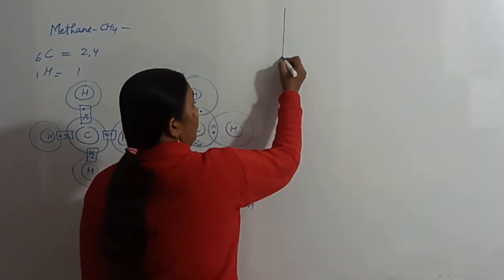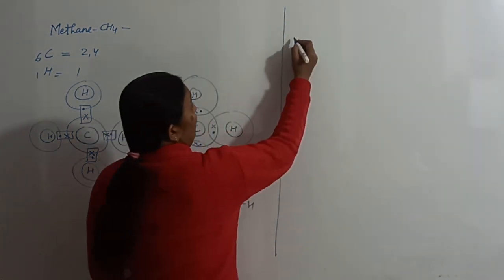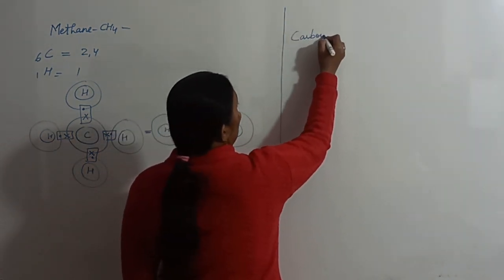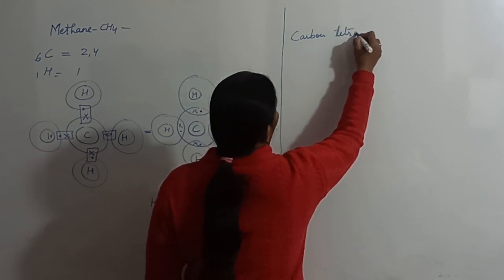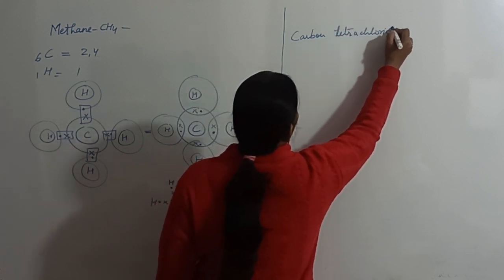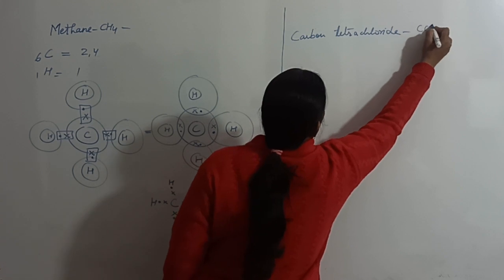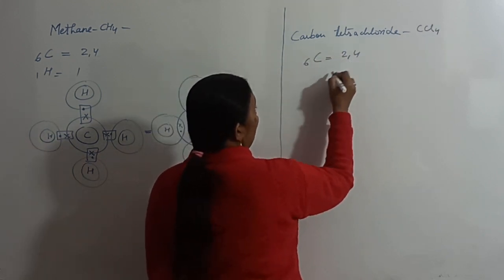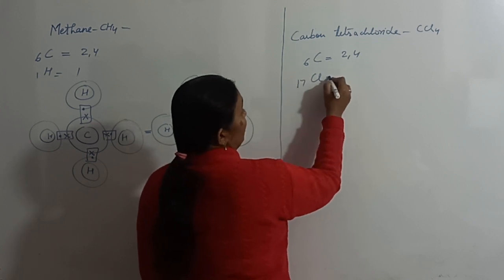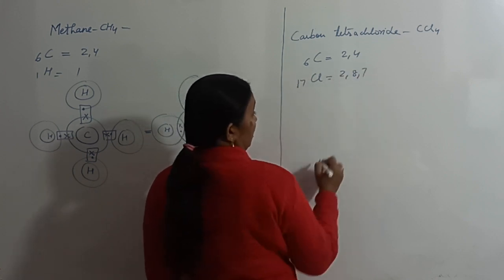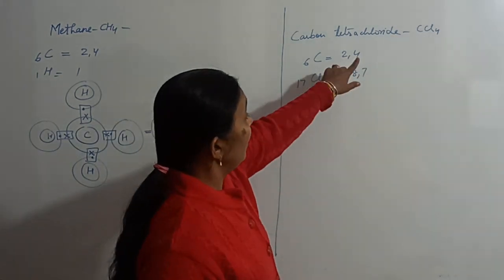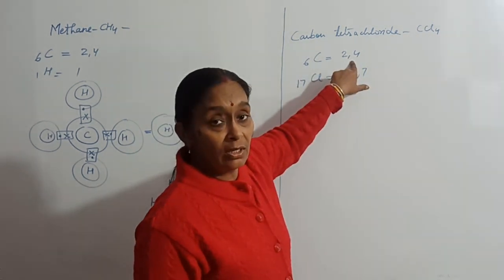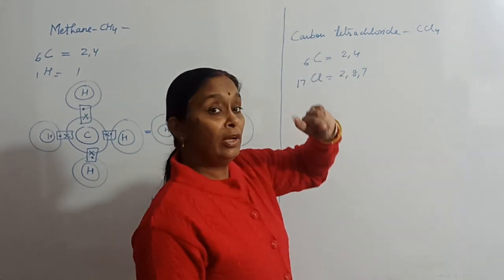Another molecule which I am going to show you is carbon tetrachloride, that is CCl4. Here again C, atomic number 6, 2,4, and chlorine, atomic number 17, 2,8,7. Carbon again needs 4 electrons to complete its octet, but chlorine needs only 1.